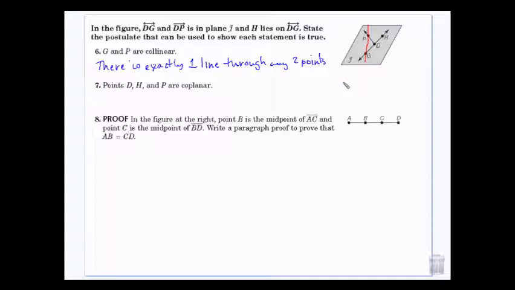Anytime you have 3 points, you can have a plane. Okay. Points D, H, and P are coplanar. And that postulate stated exactly is through any 3 non-collinear points, D, H, and P, there is exactly one plane.